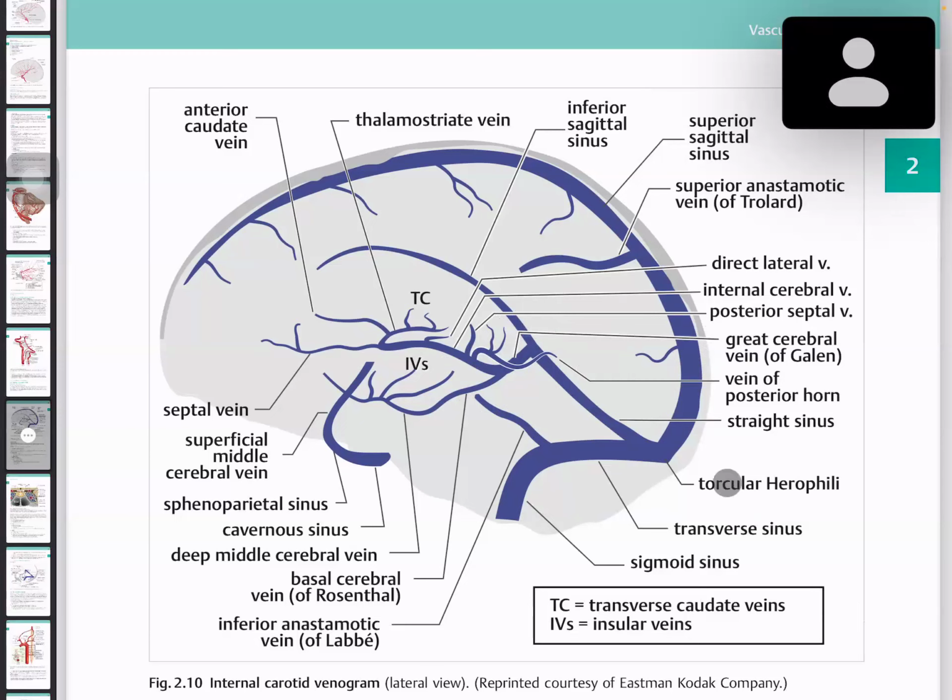Now, as for the torcular herophili, it's important because usually when we have median suboccipital approaches towards posterior fossa tumors, there are some measurements already calculated. I think it's 1.6 centimeters from the external occipital protuberance, but sometimes it might vary. There is great variability interpersonally.